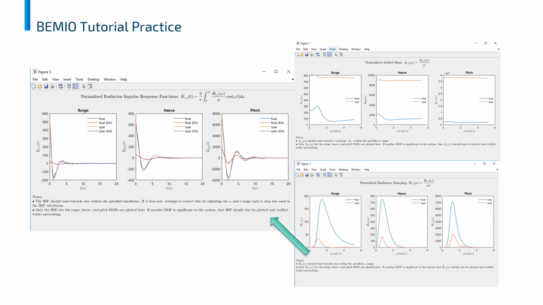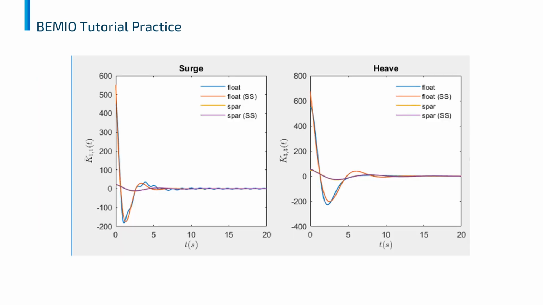If we take a closer look at these results, we can see that the match between these two functions, the integral formulation and the state space formulation, is not very good. So we can try to improve this a little bit.